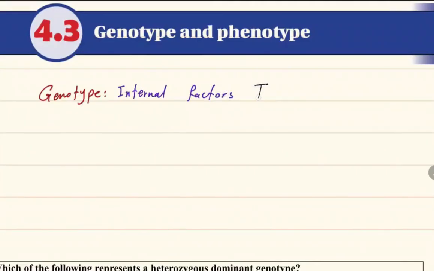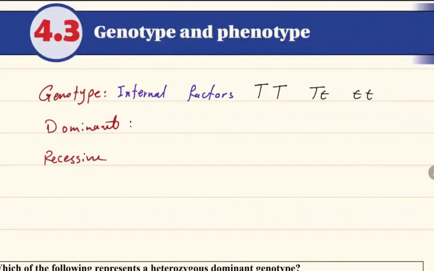That's going to be T capital, T capital, T capital, T small, T small, T small, and so on. So the genotype can be dominant or can be recessive.